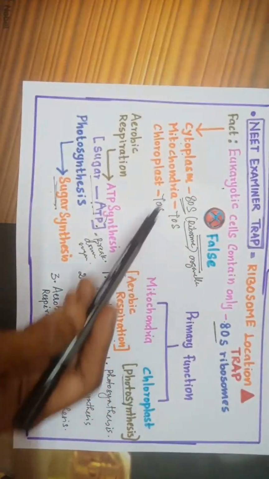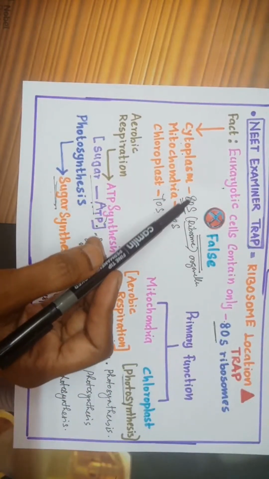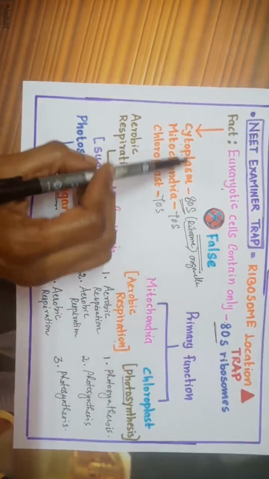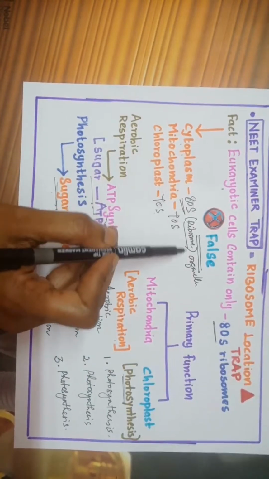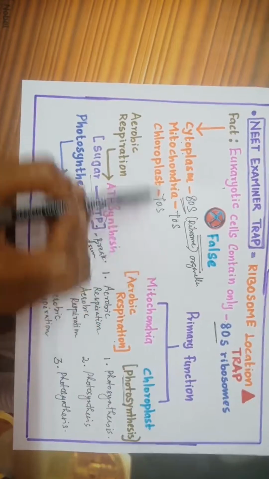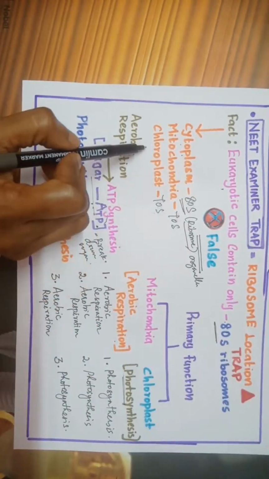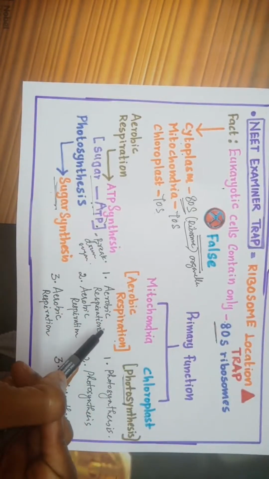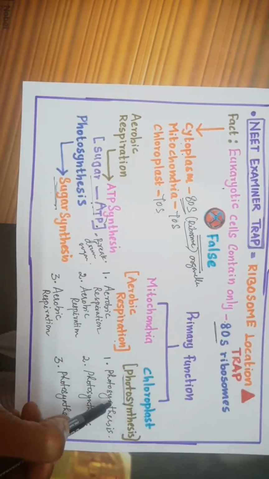Next, eukaryotic cells contain cytoplasmic 80S ribosomes, while the organelles, mitochondria and chloroplast, have 70S. Next, the primary function of mitochondria is aerobic respiration and of chloroplast is photosynthesis.